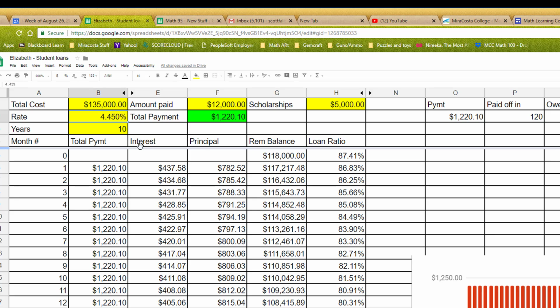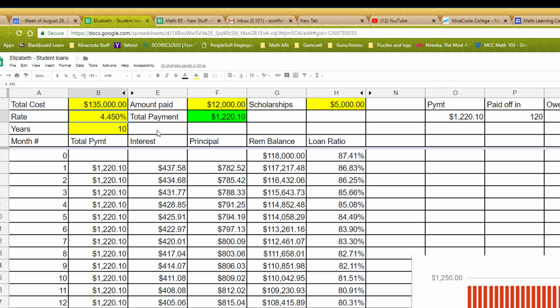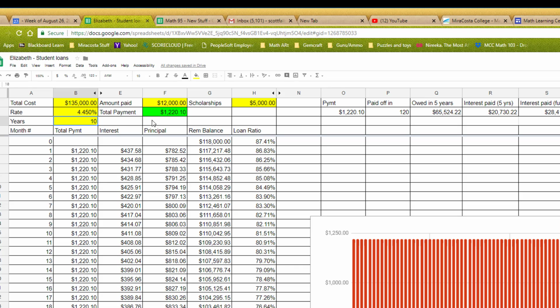You should find the loan rate, if possible, for whatever loans you have. I looked up the current loan rate for federal student loans, and it's 4.45%. Most of the time, student loans have a repayment period of about 10 years. So I put in 10. To get you an idea of how much that's going to be, I'm going to zoom back just a little bit here.